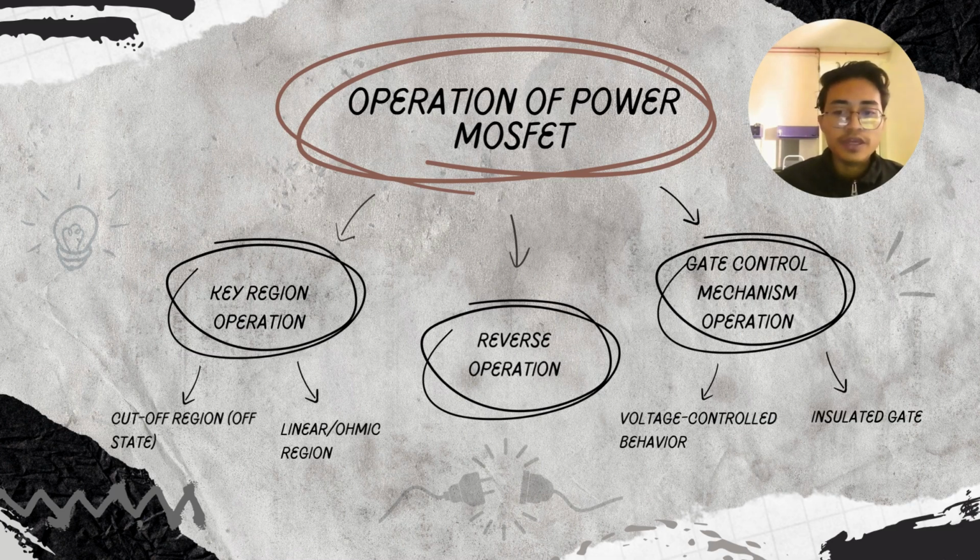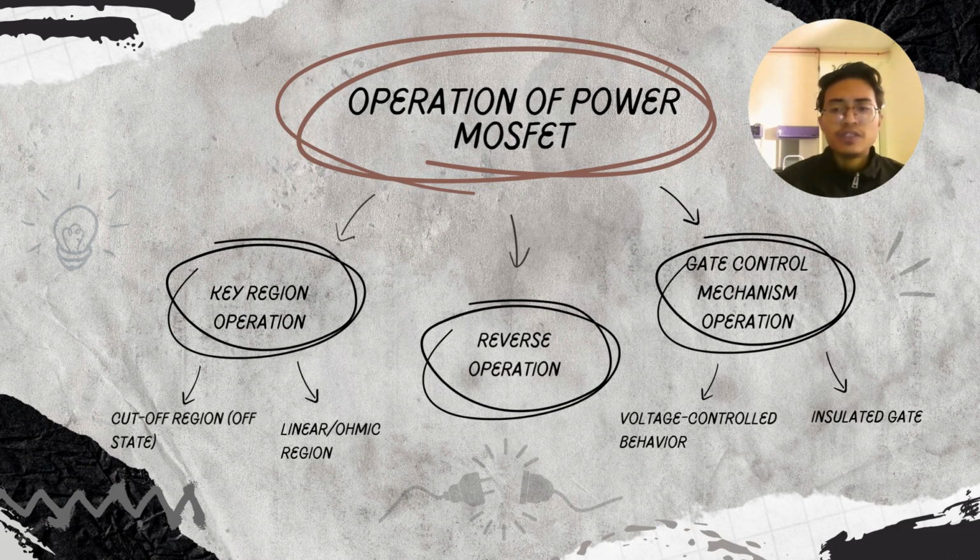For gate control mechanism, voltage control behavior: a voltage applied to the gate terminal controls the formation of a conductive channel between the drain and source. Insulated gate: the gate is insulated from the channel by a thin oxide layer, ensuring minimal current draw at the gate.